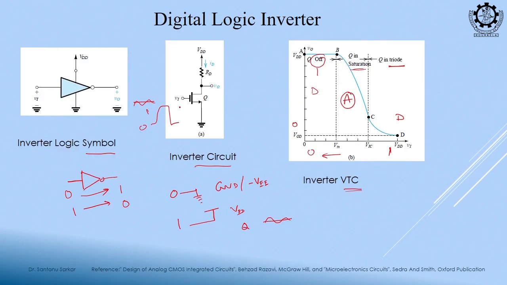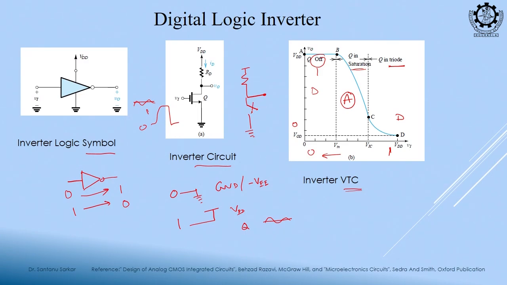Now, this circuit, so you see if this is off, as if this circuit is open, open from which terminal? Which terminal? Ground terminal.